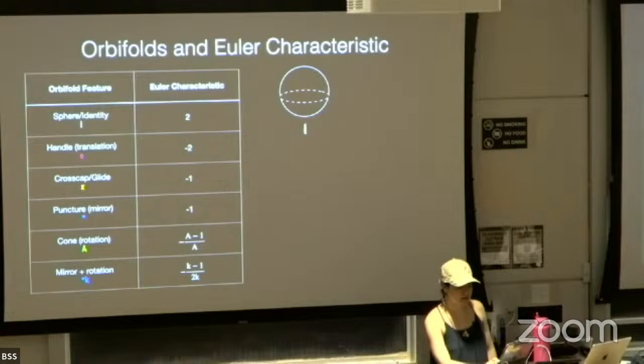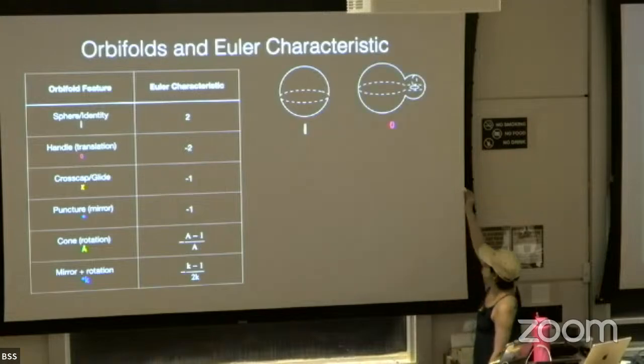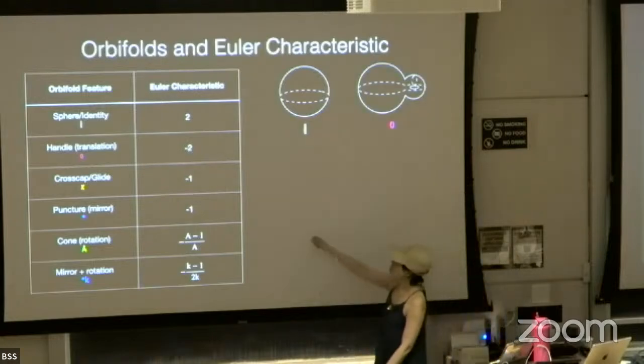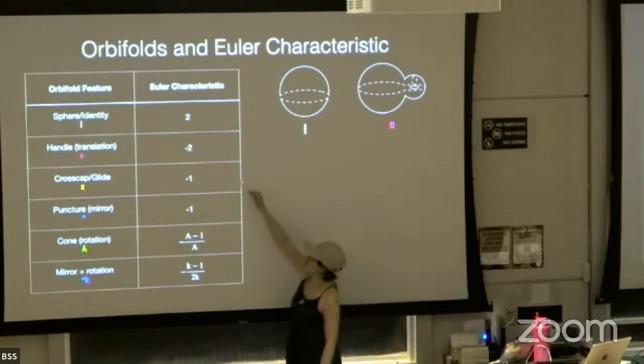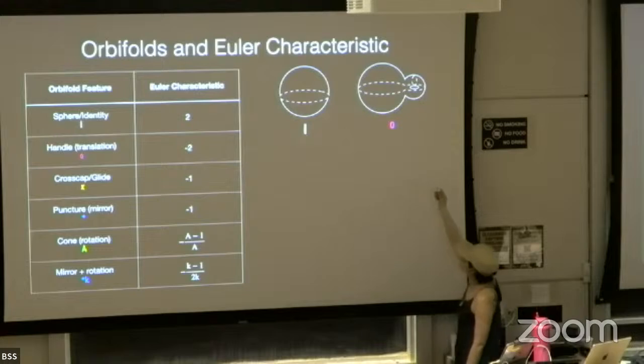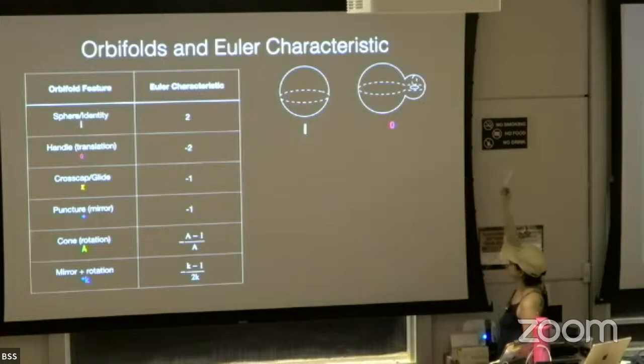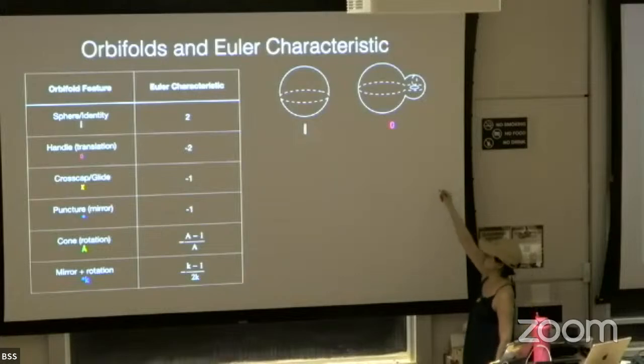So we can add a handle to it. A handle means we're taking 2 from our Euler characteristic. So we add a handle to our sphere, and we get 0. So this is our torus. We showed earlier that it has an Euler characteristic of 0.